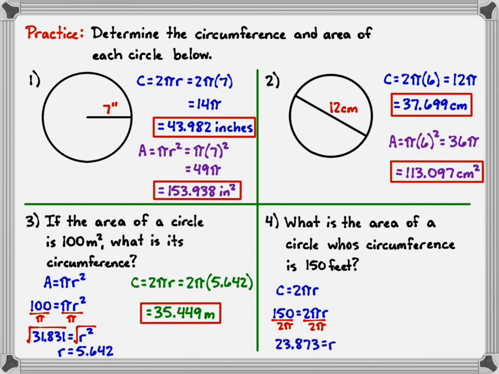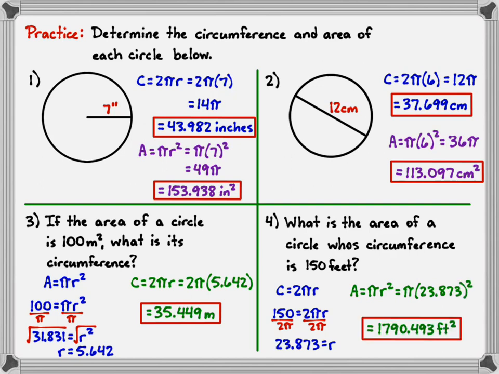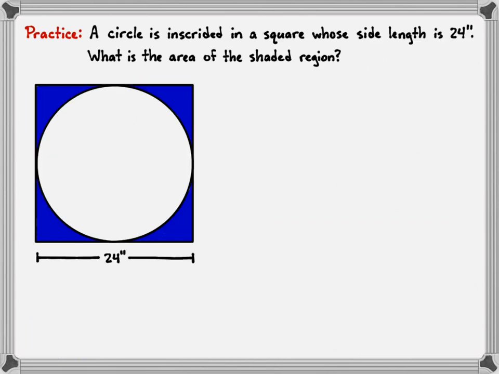Okay? But ultimately you should get 23.873 as your radius, and then we'll take that and plug it into our area formula. So we get pi times 23.873 squared, and then multiply all that out, we end up with 1,790.493 feet squared.